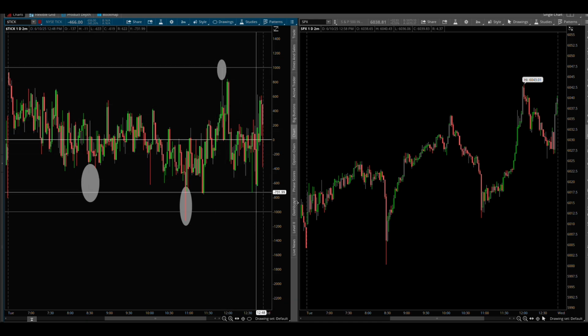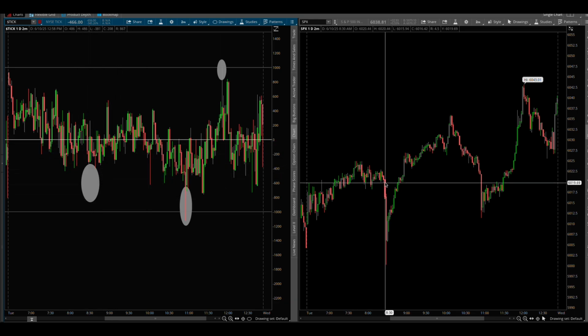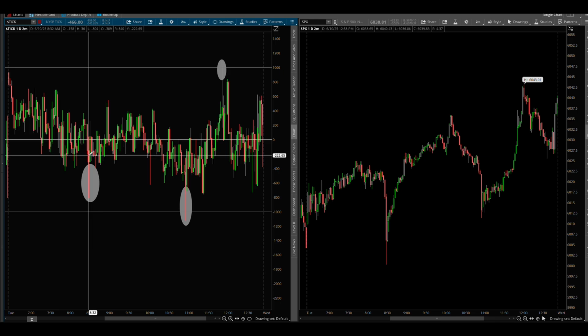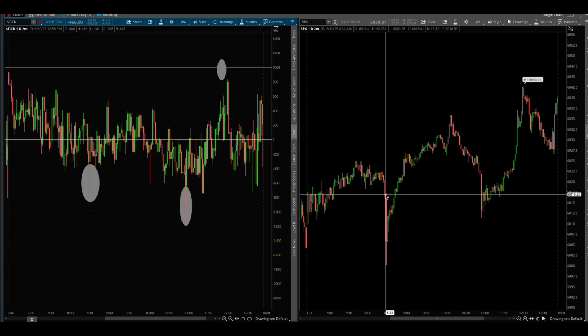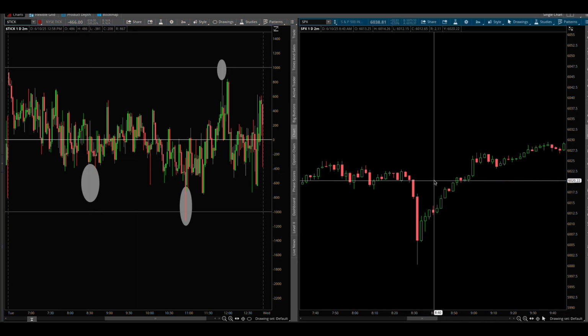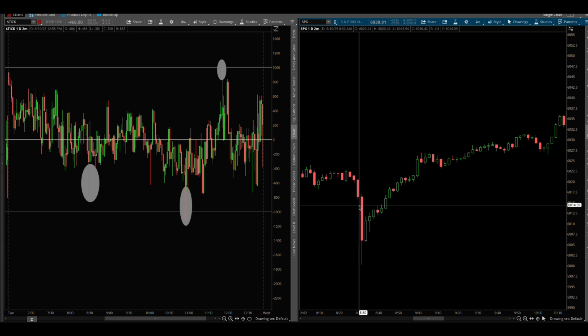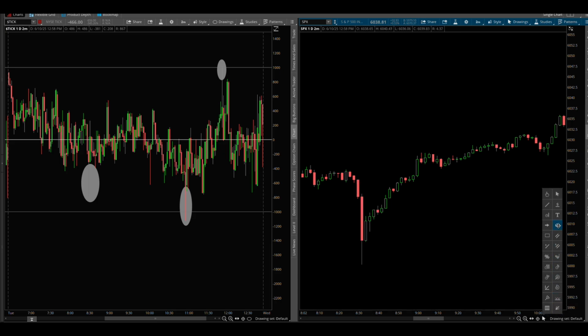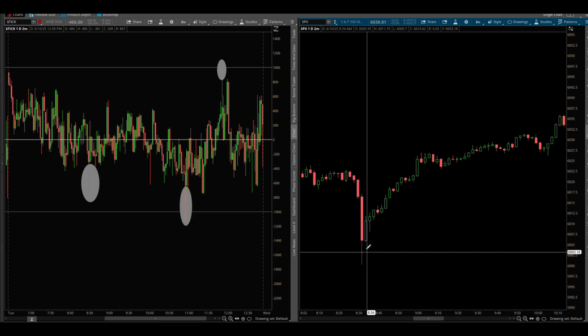All right, as you can see over here on that big wick down, that's where we had this drop. Let's see, it looks like time frame 832. 832 was this candle on SPX. Let me go ahead and highlight that just so you can see here.